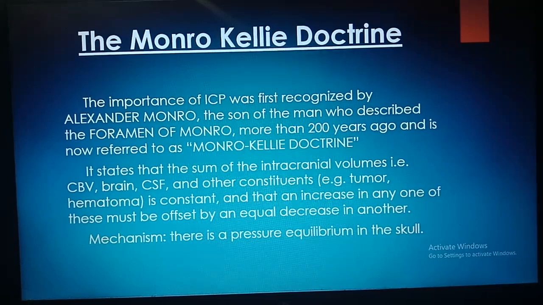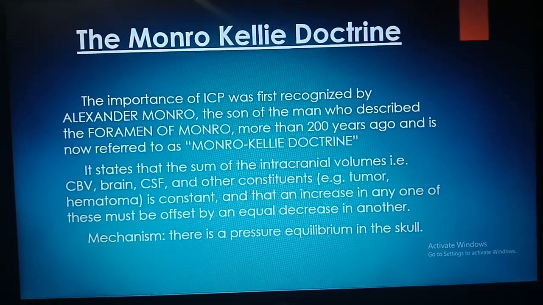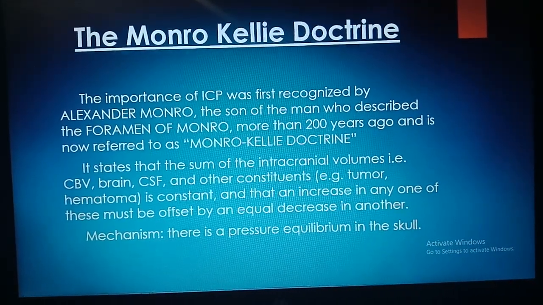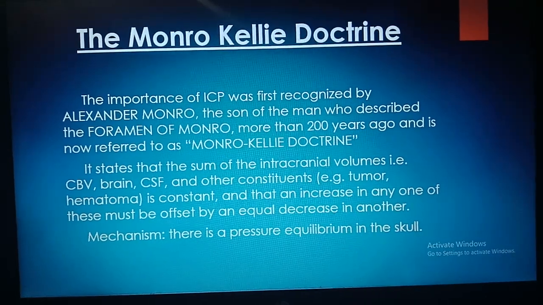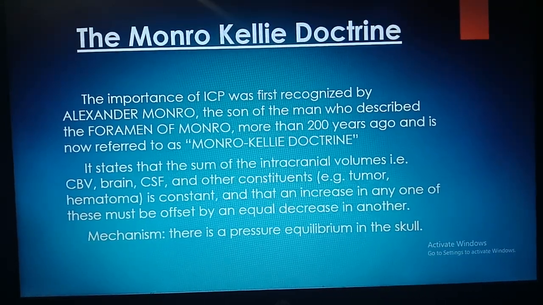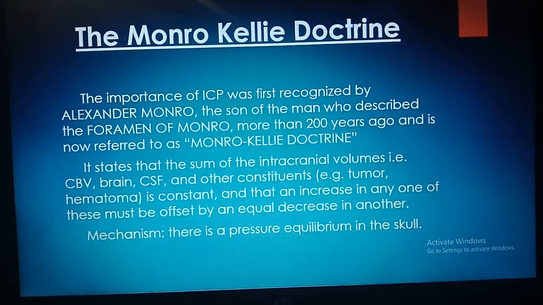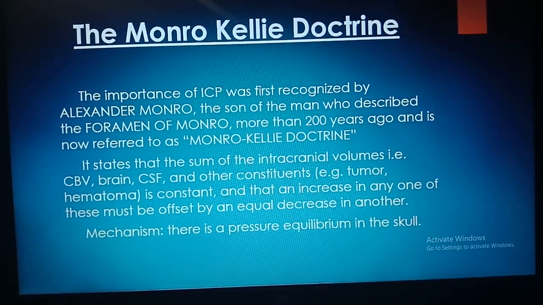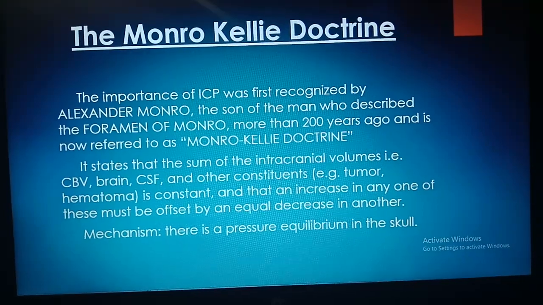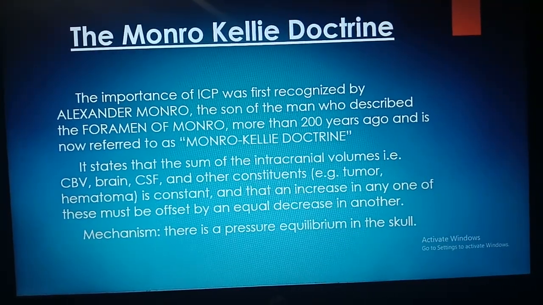Now, here comes the basic principle of understanding the ICP, the Monro-Kelly doctrine. It states that the constituents of the cranial vault compensate in order to accommodate a significant mass.